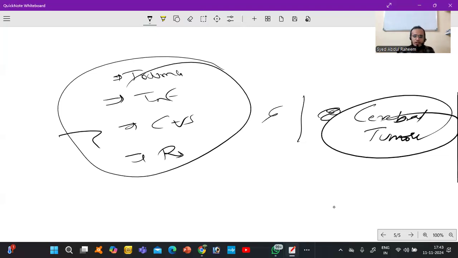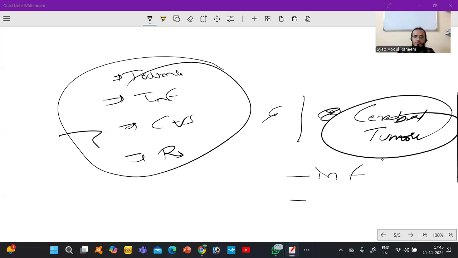Why have the tumors occurred? Maybe due to infection, or a toxic substance, or alcohol consumption, chronic alcoholism, which leads to cerebral tumor also. Encephalopathy, hypocalcemia, pyridoxine deficiency, drug addiction, and hypoglycemia are also reasons behind epilepsy.